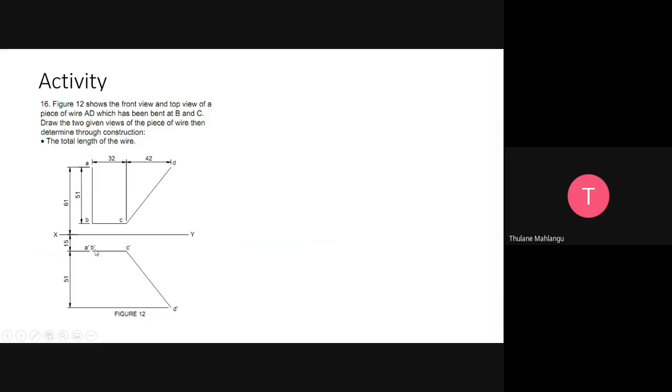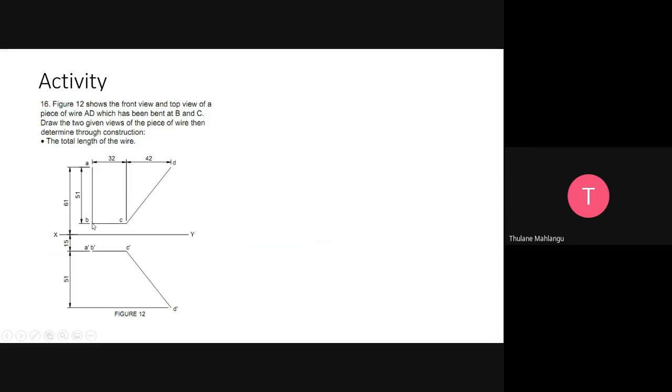The rule says if there is a dot or a point in one view, then the line in the opposite view is the true length. So it means 51 is the true length of line AB.